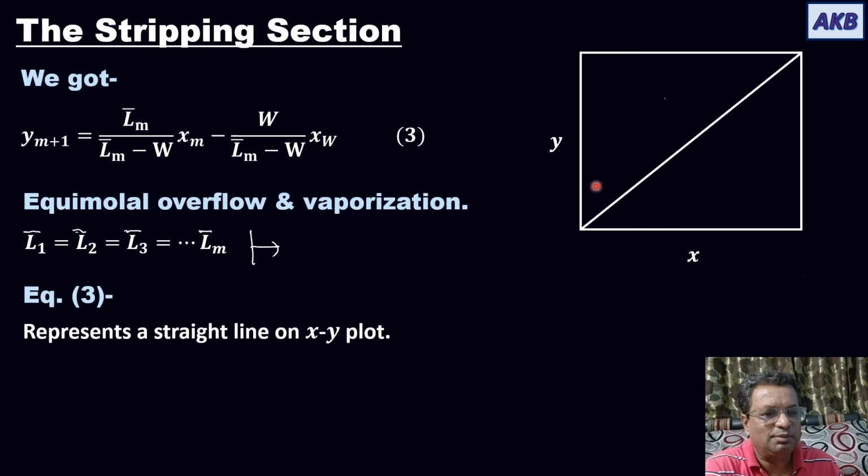So these are equilibrium mole fractions. Every x is in equilibrium with every y. If you plot such values, you will get the curve, that is the equilibrium curve. This diagram is said to be the distribution diagram or the xy plot. This is the equilibrium curve.